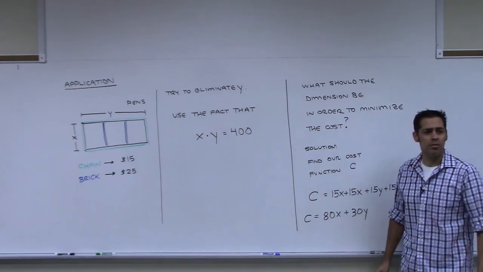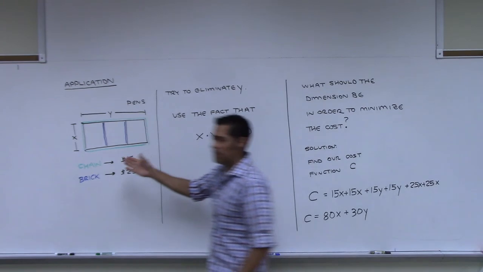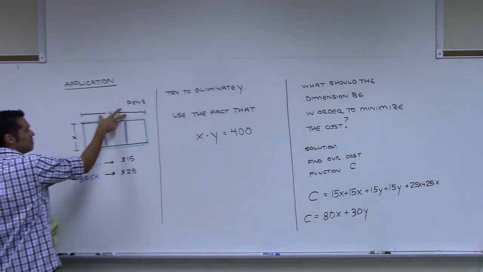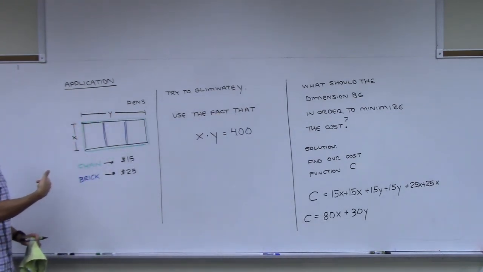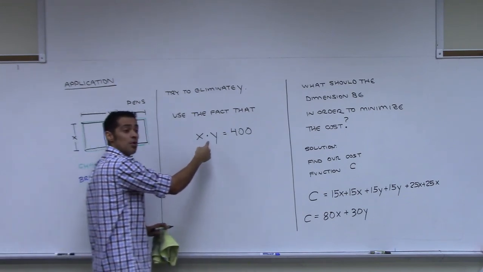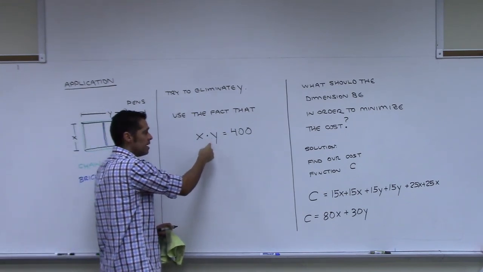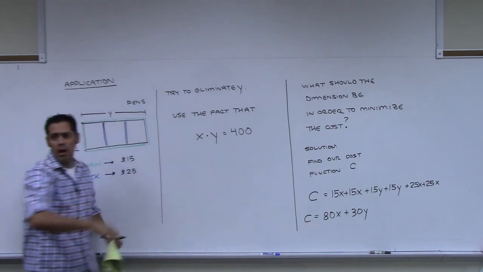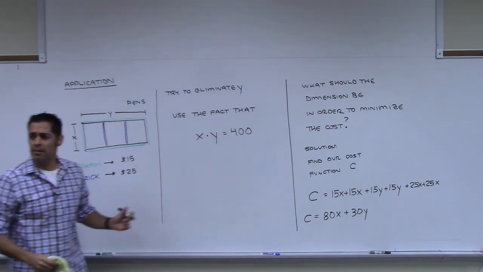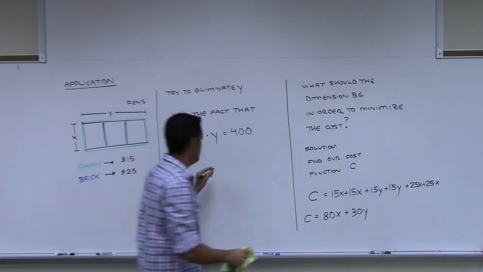I know that that's true because that's the area. According to my picture, if I take x and multiply times y, that needs to be 400 at the end of the day, doesn't it? So what I'm going to do with this now is I'm going to solve it for y. Okay, take this and solve it for y. How would you solve for y there? Divide both sides by x, right?